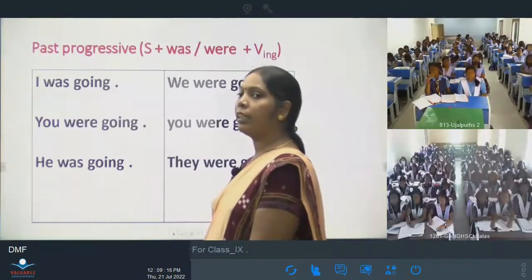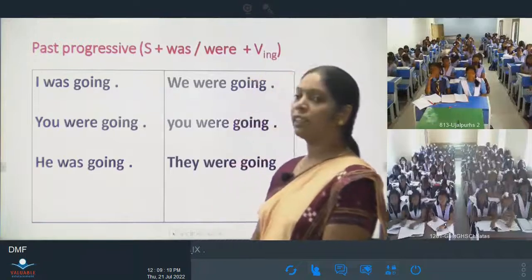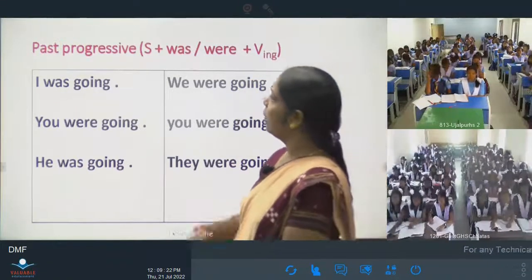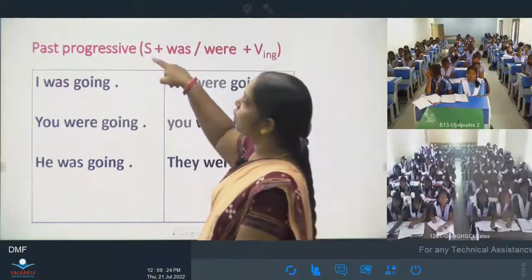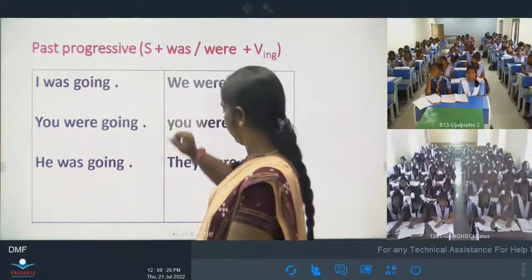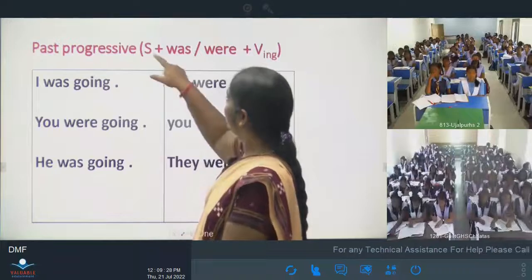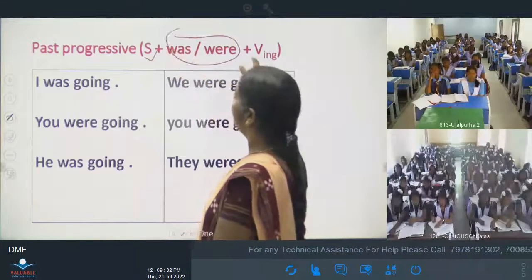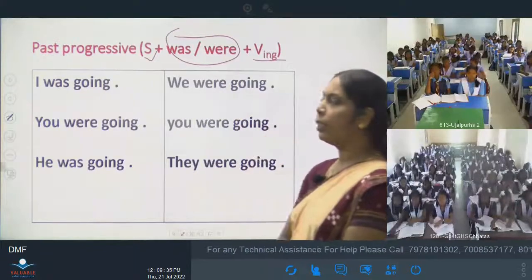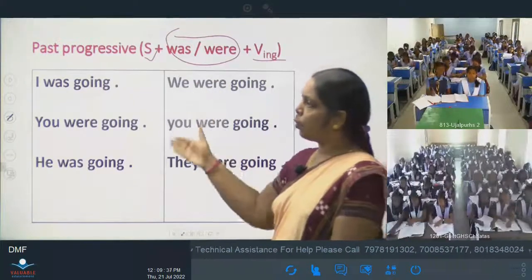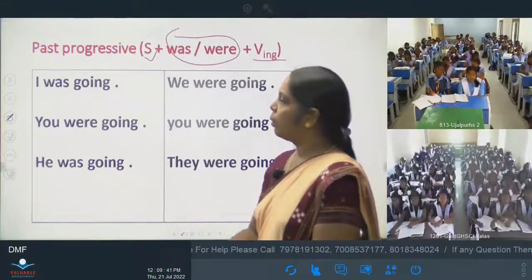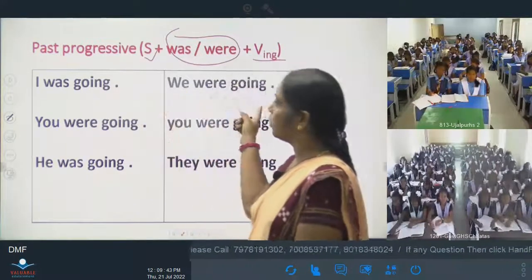Now let us see how past progressive express the past time. Here the structure is subject, was and were, and verb with its ing form. So this is the form of past progressive tense. I was going, we were going.